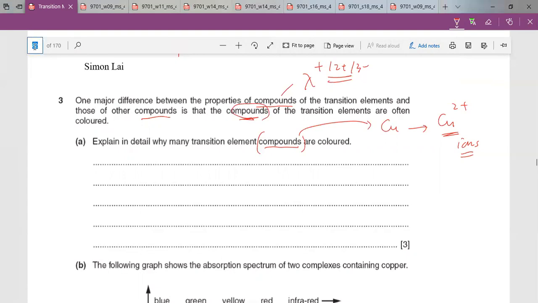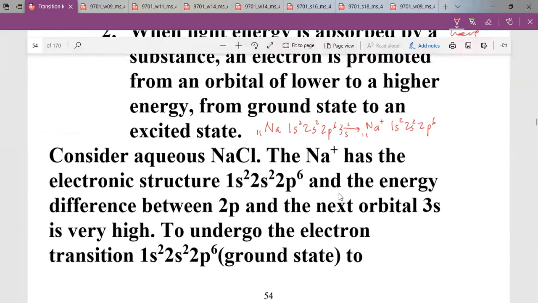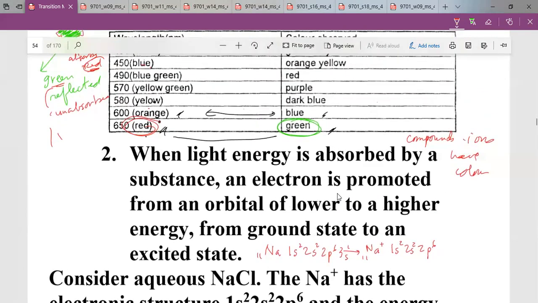Okay, so let's go back to the color, page 54. Now, we talk about the idea of color. So what happens when your ions, for example, titanium or copper 2 plus, when white light comes in?